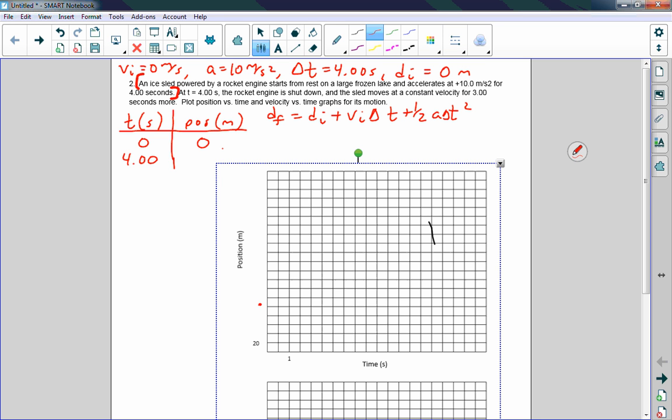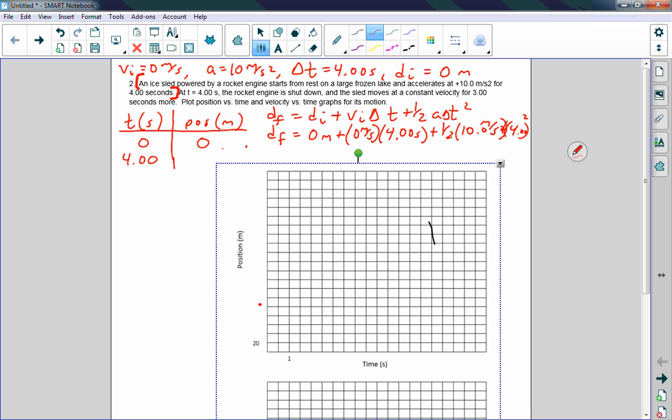So then I'm going to plug in my points. I know it's at 0 meters. Because it begins at 0 meters per second, this second term is going to go away. 0 times 4 is just 0. And then plugging in all my information here, 4 squared, that's in seconds.